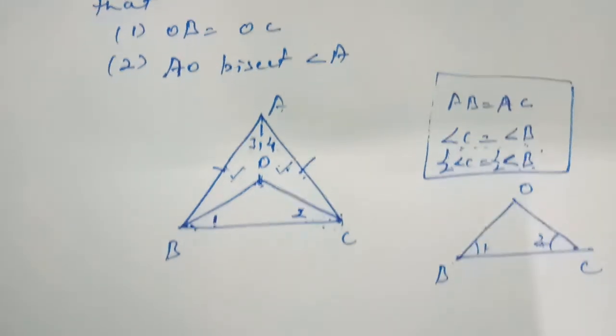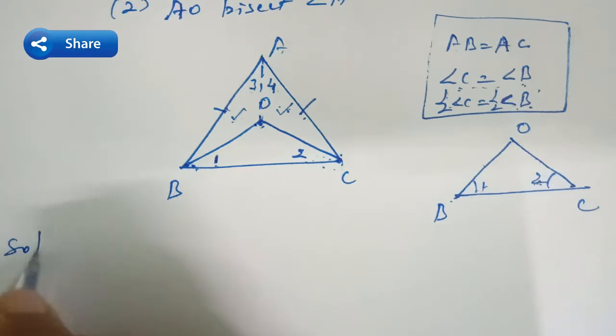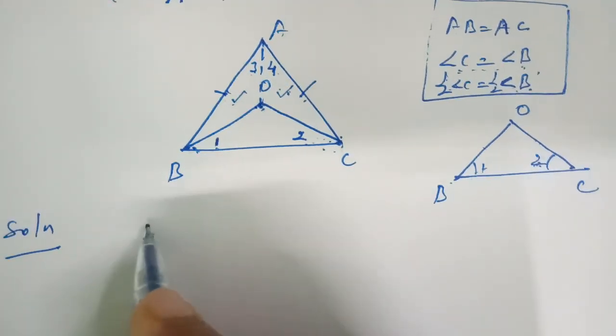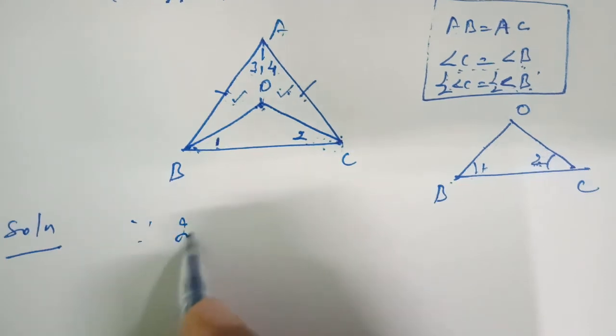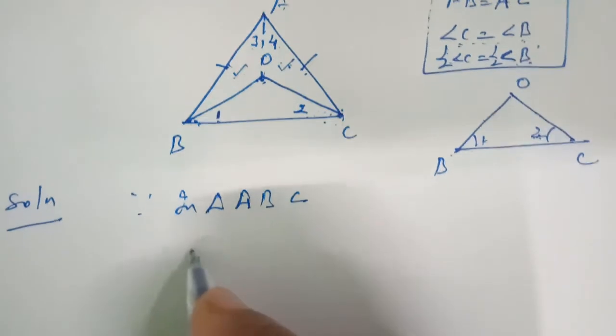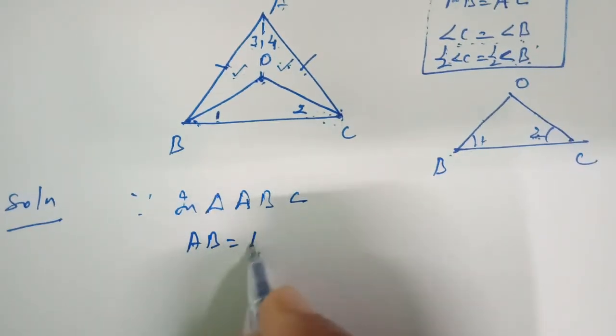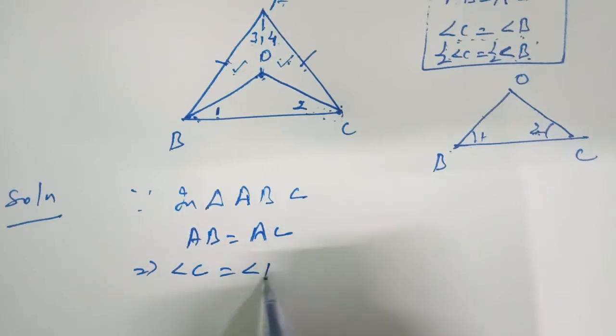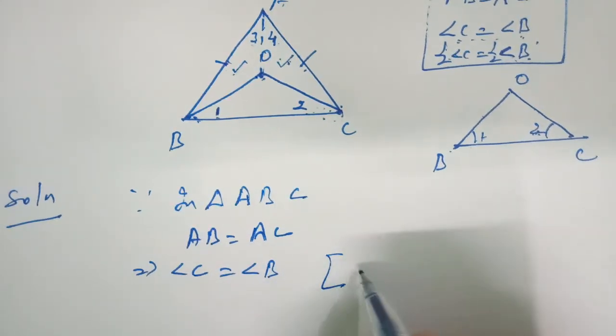Now let us do the solution. I am writing the solution. Since in triangle ABC, AB is equal to AC, this implies that angle C is equal to angle B. We have to write the property.